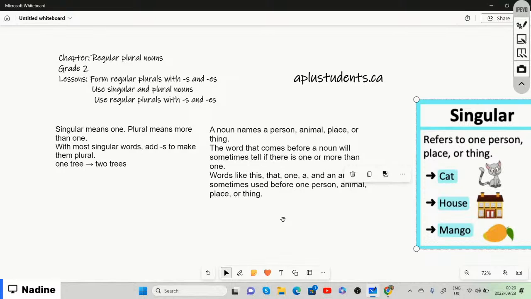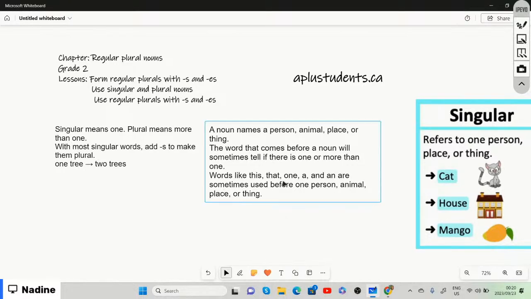And the word that comes before a noun will sometimes tell if there is one or more of that. So words like this, that, one, a, and an are sometimes used before one person, animal, place, or thing.